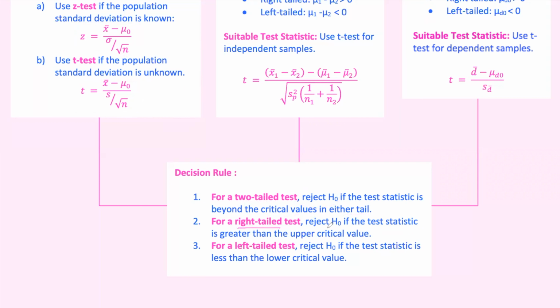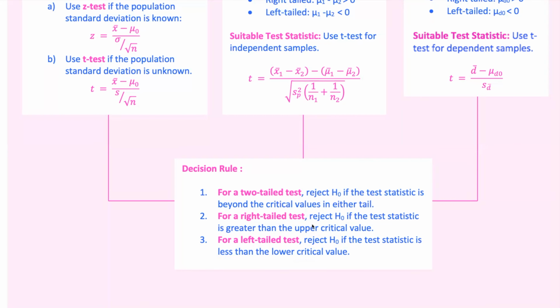In a right-tailed test, we reject the null if our test statistic is greater than the upper critical value. And in a left-tailed test, we reject the null if our test statistic is less than the lower critical value. So essentially, we're looking at where our test statistic lands in relation to these critical values to decide if we reject the null or not.